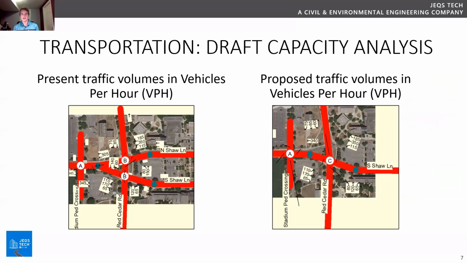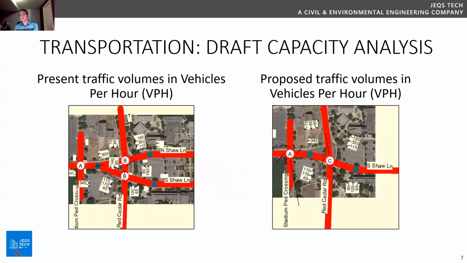The next step after I laid out all the design criteria is to model it in Synchro software. On the left, you can see the current conditions as it stands right now with the two signals, and it shows a level of service of B for both of the signals. As a transportation engineer, I'm going to need to align with the constraints.